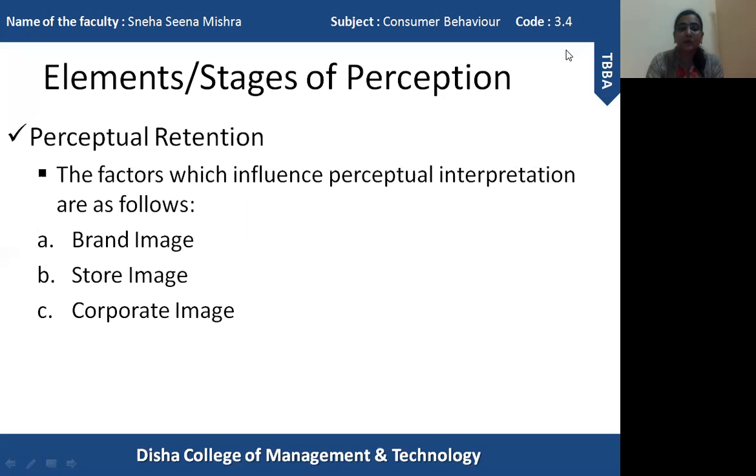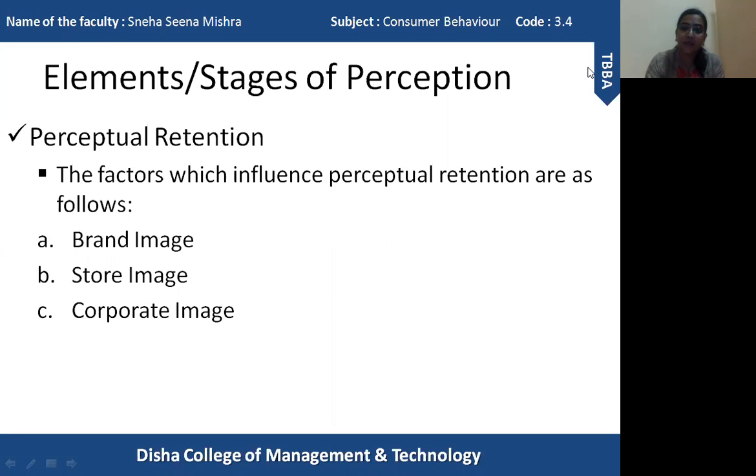Okay, the factors which influence perceptual retention are brand image, store image, and corporate image. A company has different types of brands. Some brands may be more successful than the other brands, and people may not even be aware of the other brands of the same company.